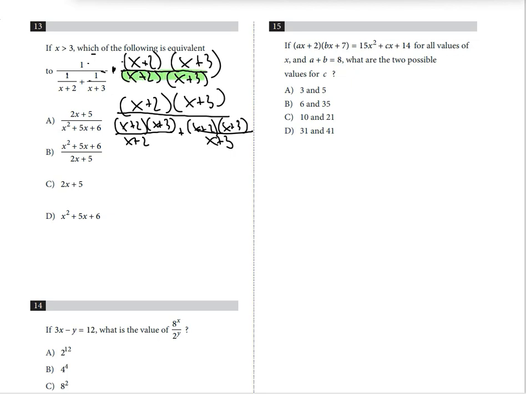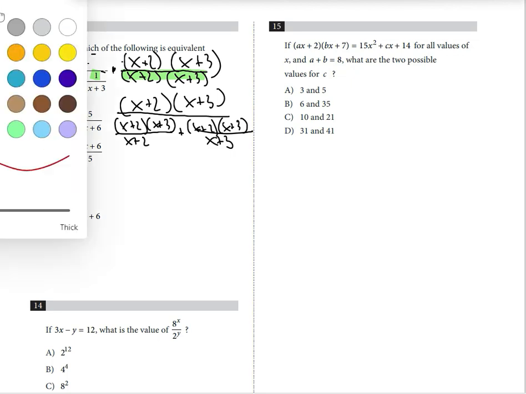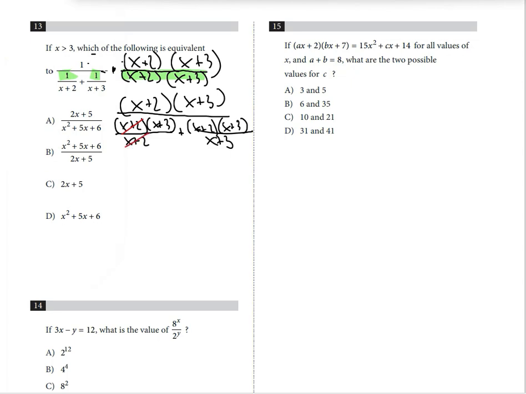I multiplied it by the 1 here, and then multiplied it by the 1 here, right? So we multiplied by each of these quantities. Now we can do some simplifying. I've got x plus 2 over x plus 2, so I can cancel out the x plus 2 and the x plus 2. And I can cancel out the x plus 3 and x plus 3.